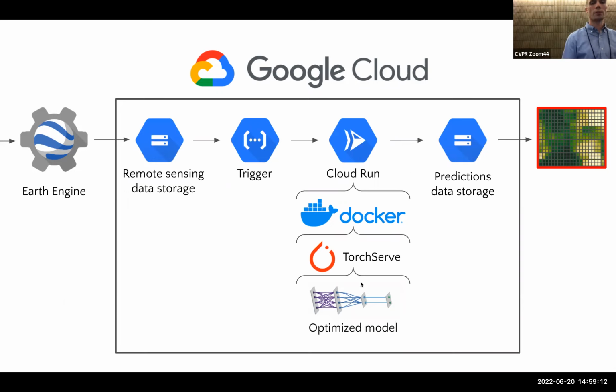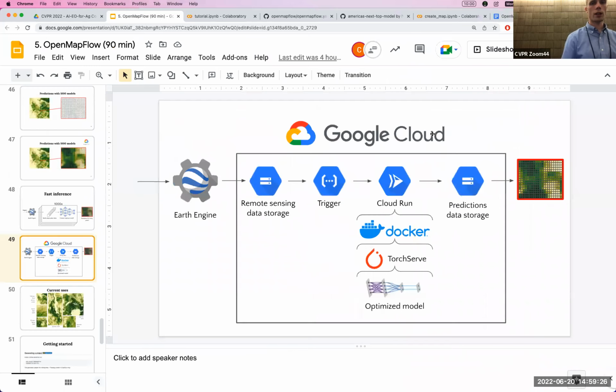Once the model makes a prediction in Cloud Run, we also save the predictions to a separate data storage bucket. So we have all these different small tile or pixel predictions in another bucket, and then we'll have to merge them all together. So you can check on the progress of, I guess we can close these other guys.